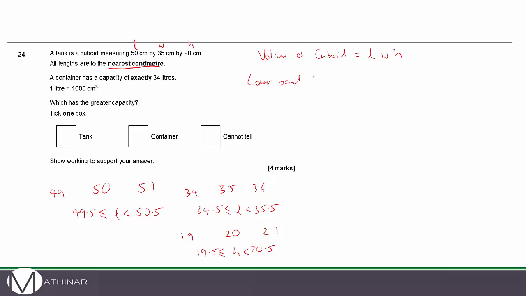So what we now need to do is work out the lower bound for volume, and then we work out the upper bound for the volume. So the lower bound for the volume, we're going to do length times width times height, but we're going to multiply all the lower bounds. So that for length, and that. So we have 49.5 times 34.5 times 19.5.